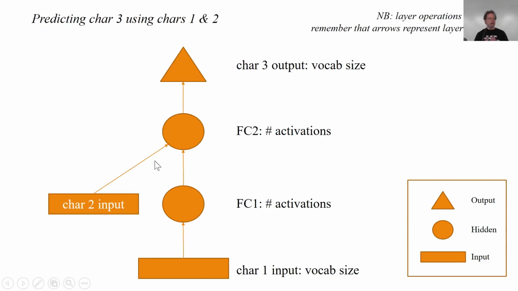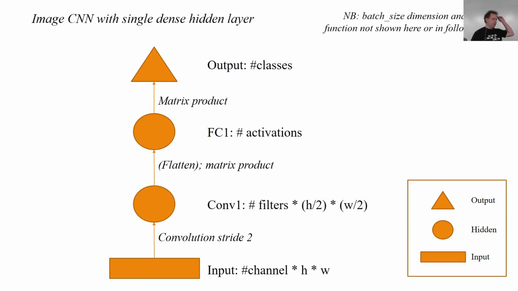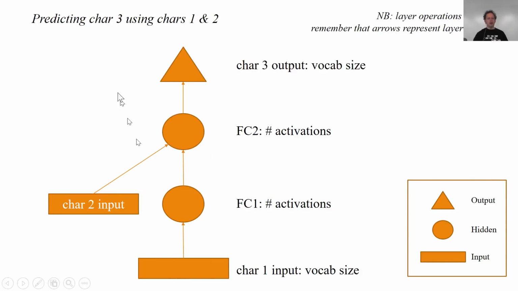All right, so now let's jump to the first one that we're actually going to try to create for NLP, and we're going to do exactly the same thing as here. We're going to try to predict the third character in a 3-character sequence based on the previous 2 characters.